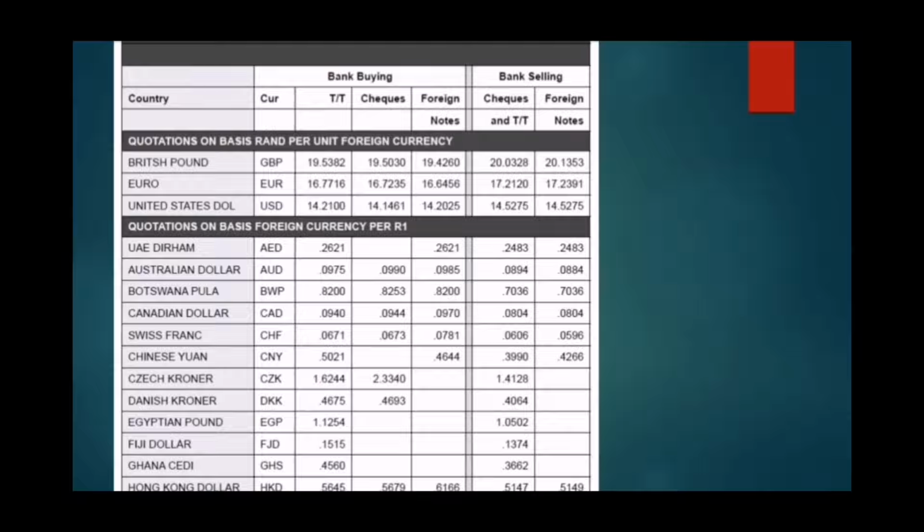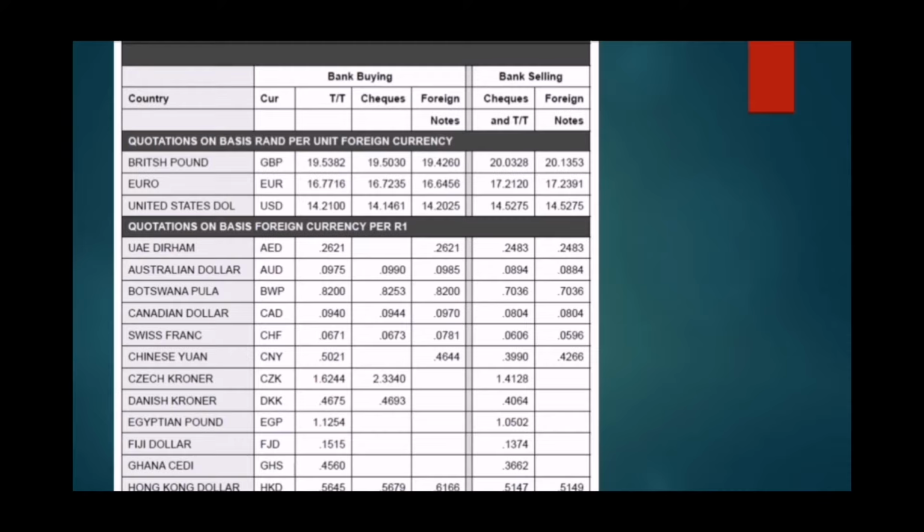So based on the fact that these are going to be prepaid arrangements, we will use the TT, the telegraphic transfer selling rate, because the travel agency or Mr. Zwane is not going to catch a flight to go pay those arrangements before departure, right?